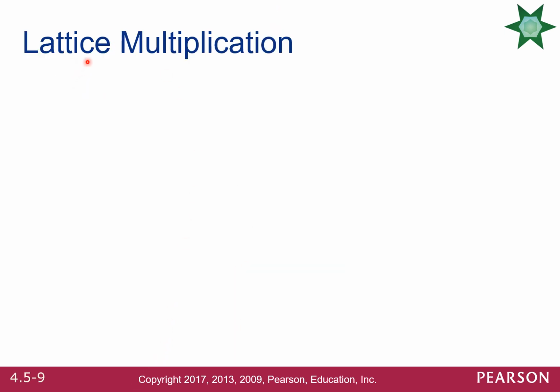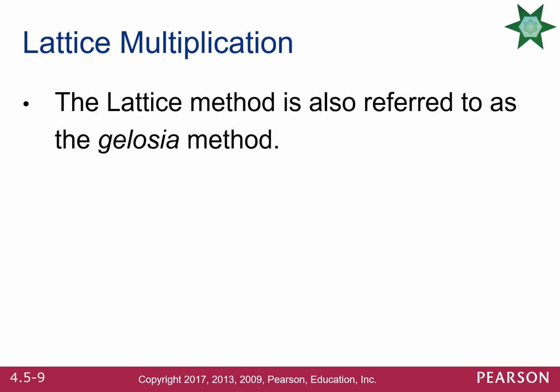Another kind of multiplication is called lattice multiplication. This is a grid-based system of multiplication, also referred to as the gelosia method. The word gelosia is an Italian word to describe the latticework or the gridwork, which is often found on the windows of the buildings of Italy.